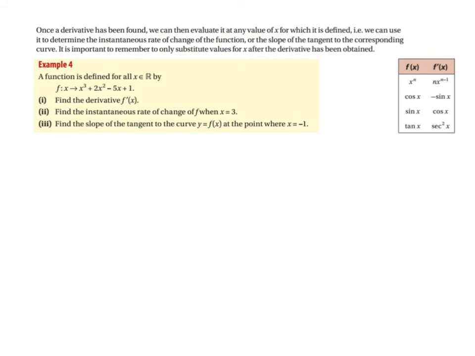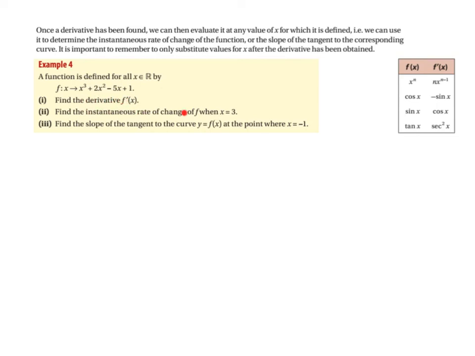Here's a little bit of information. It says once the derivative has been found, we can evaluate it essentially anywhere on the slope. So if we are given a function, f of x is x cubed plus 2x squared minus 5x plus 1, we're asked to find the derivative, f dash of x. That's essentially what we've just been doing.